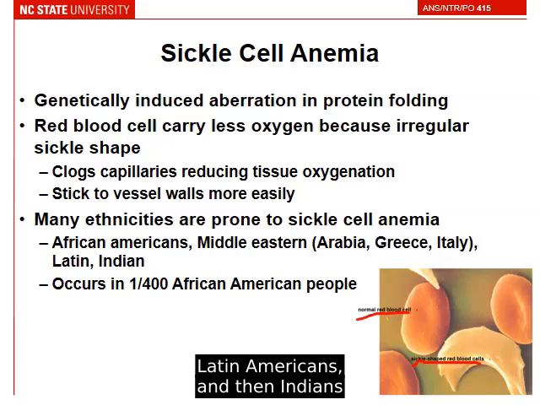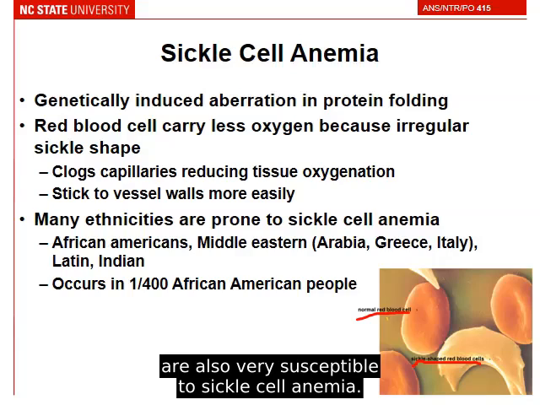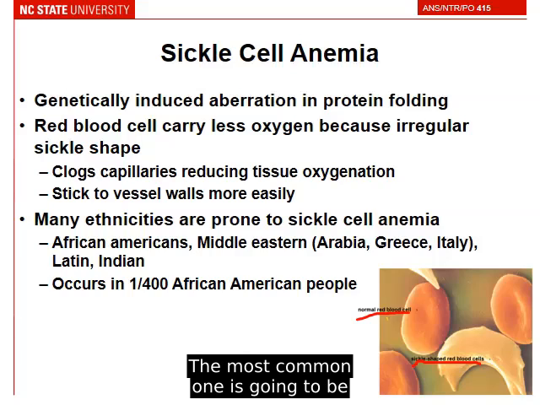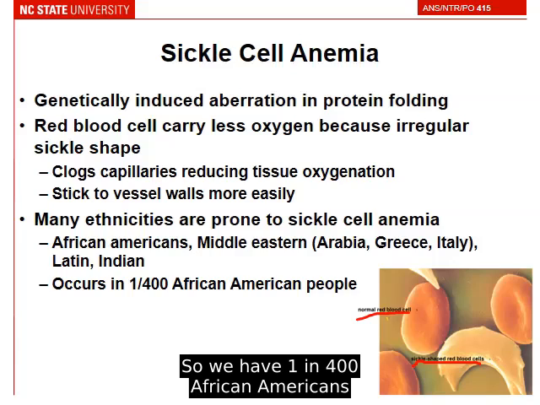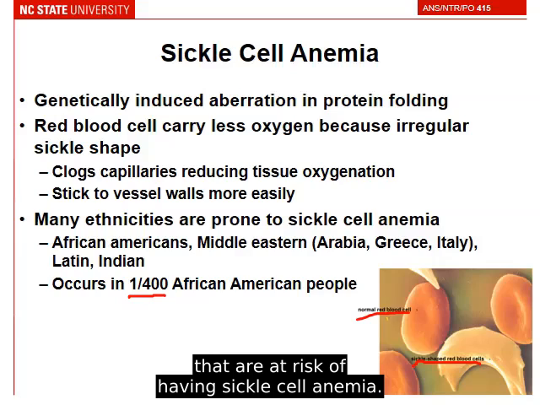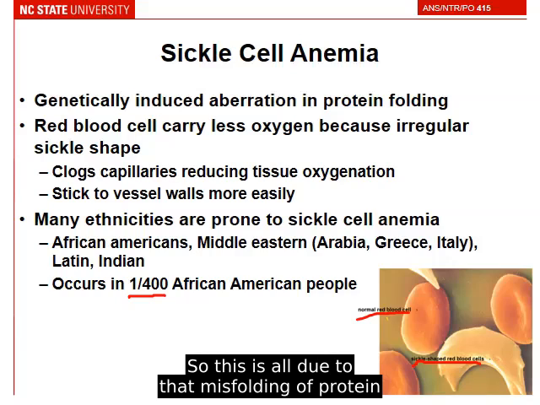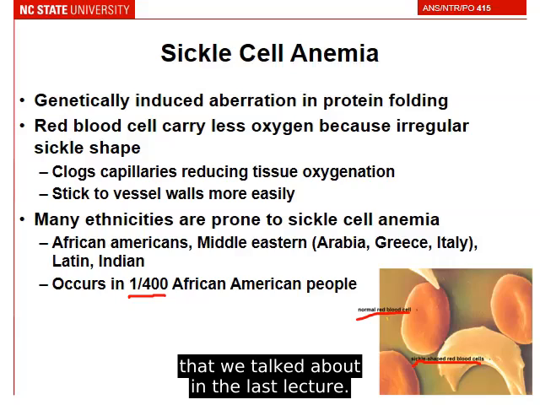Latin Americans, and then Indians are also very susceptible. The most common one is going to be African American individuals. So we have 1 in 400 African Americans that are at risk of having sickle cell anemia. So this is all due to that misfolding of protein that we talked about in the last lecture.